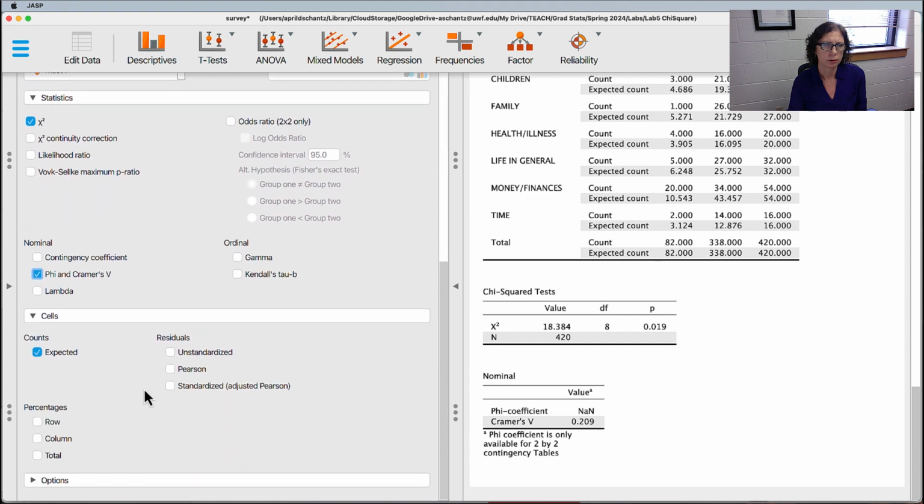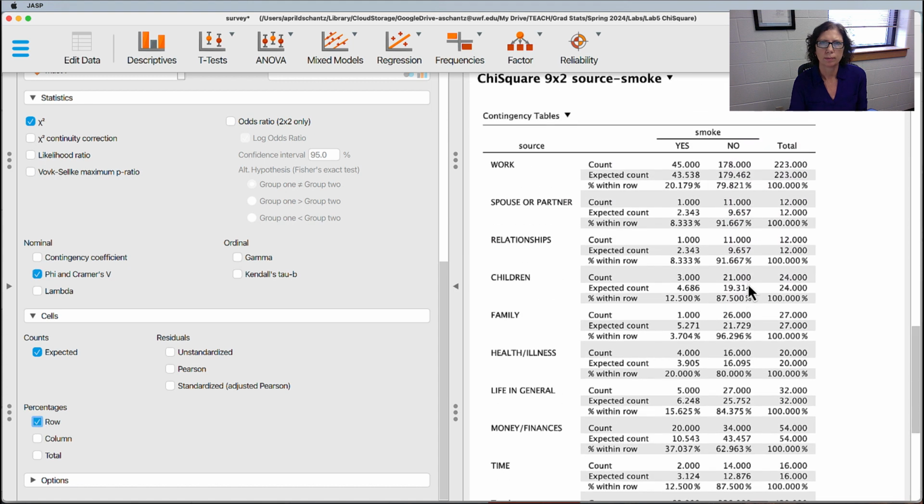We can also look at if you wanted percentages listed in here. That way we know 20.2% of people who say work is their major source of stress indicate that they smoke, and 79.8% of people who indicate work is their major source of stress indicate they do not smoke. And we can put that on our first one as well.